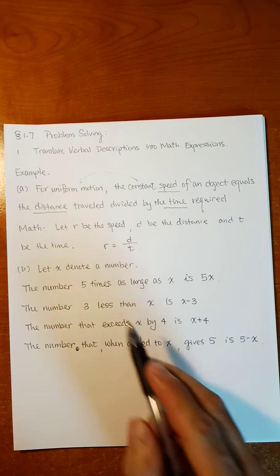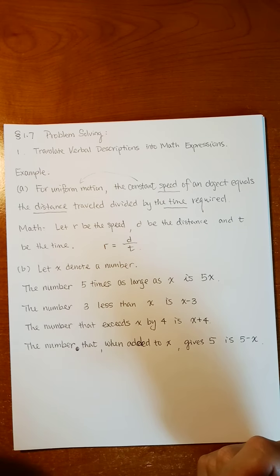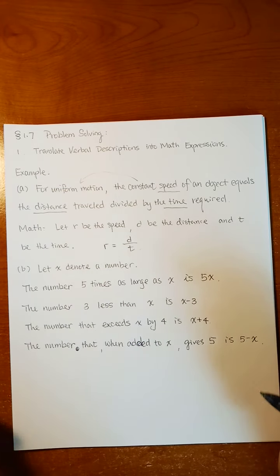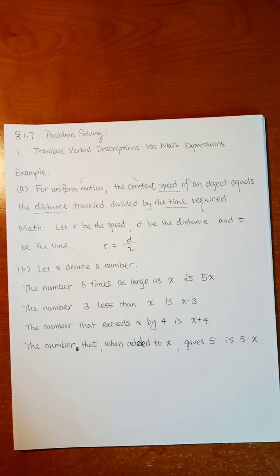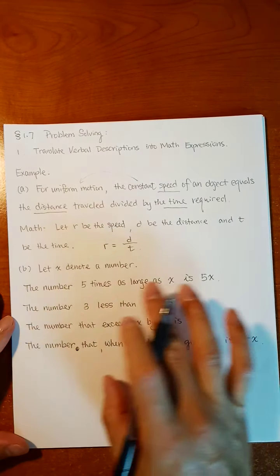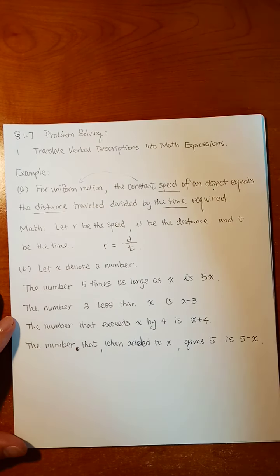But you can see that the language sometimes is not extremely clear. You must understand the meaning, and then you know what it is. But the mathematical expression is always straightforward, right? Okay, so those two are examples of translation from verbal descriptions to mathematical expressions.